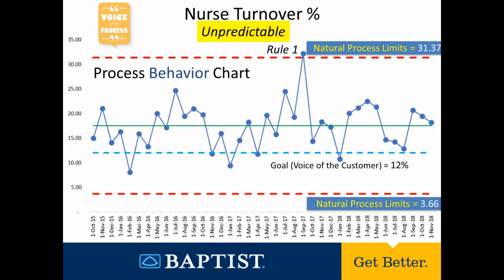An unpredictable process is not operating up to its potential because it is subject to the effects of assignable causes of exceptional variation. So since this process is unpredictable, the outcomes could actually vary outside those natural process limits any given month.